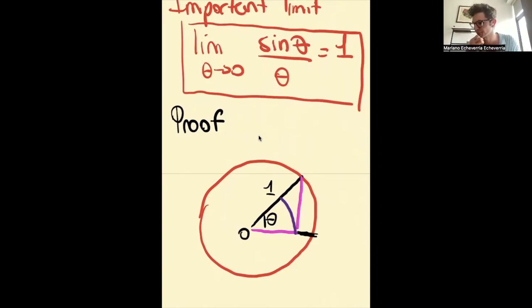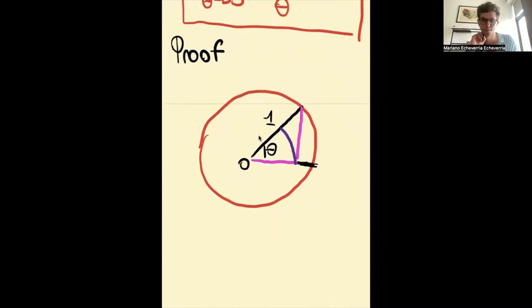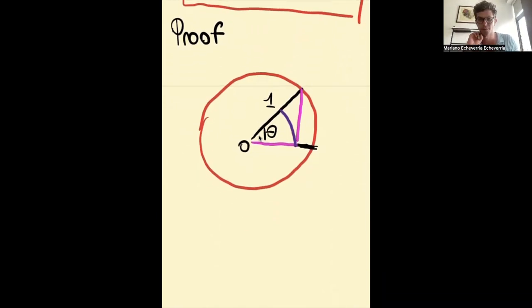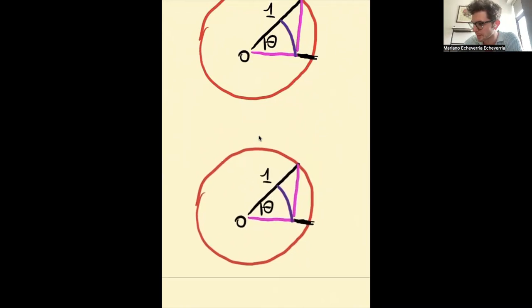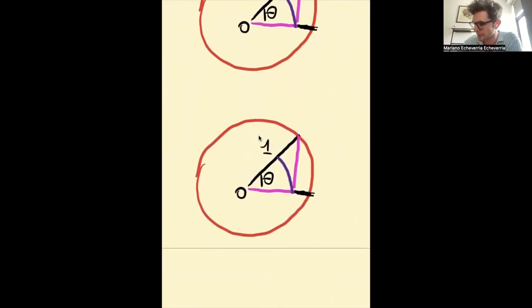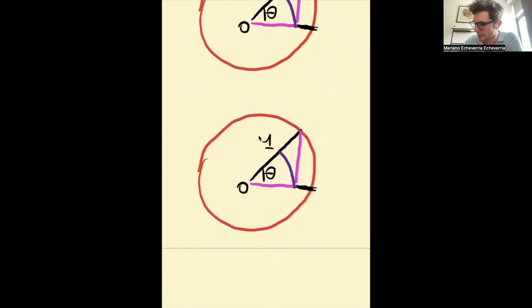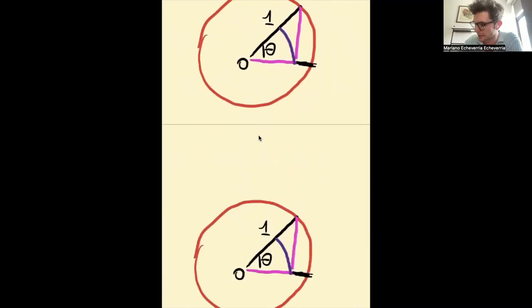I'm just trying to do this carefully to not create a lot of confusion. So let me copy this. I'm going to copy it twice.